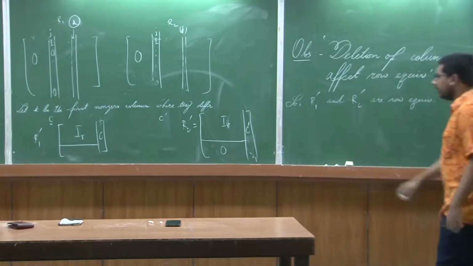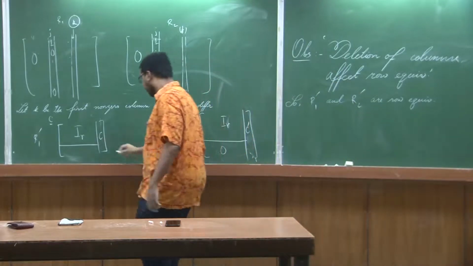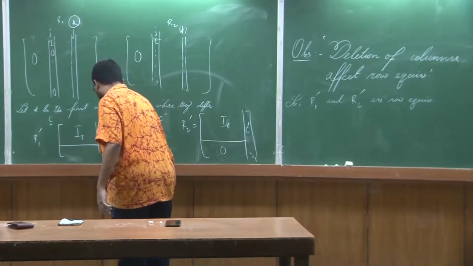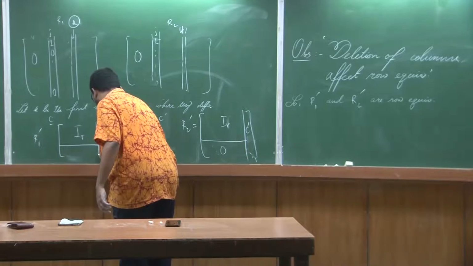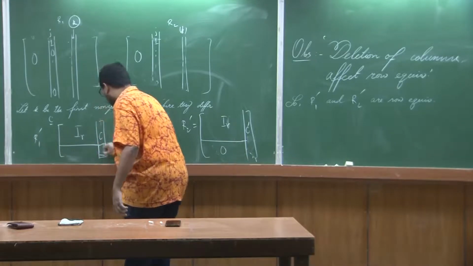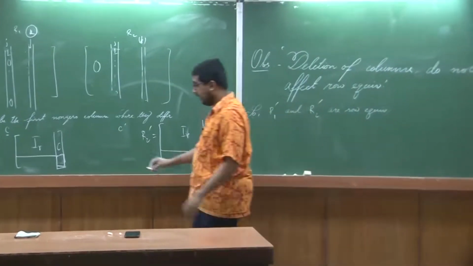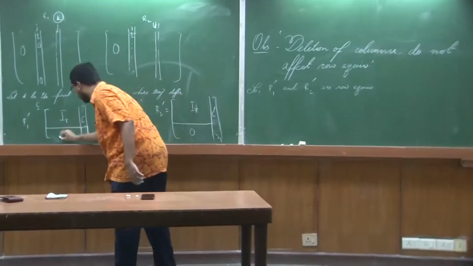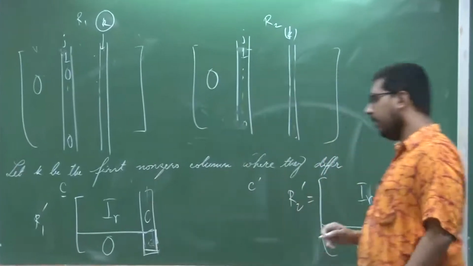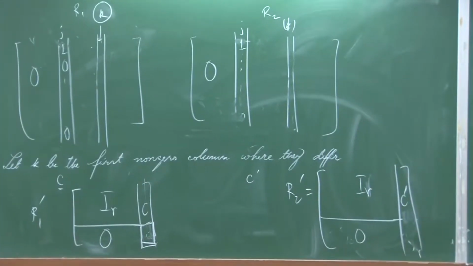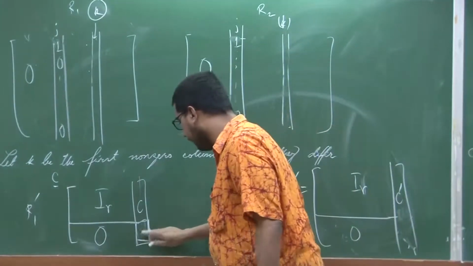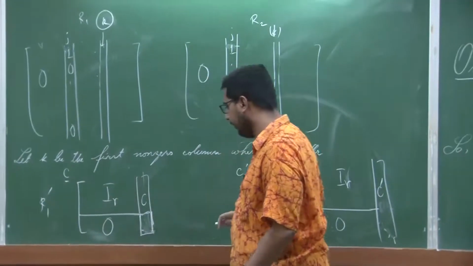And that will give us something very interesting. So, let us see what can happen in this block, which is the bottom right block. What can happen here? Of course, these are completely 0. Okay. What can happen here? This is the first observation.